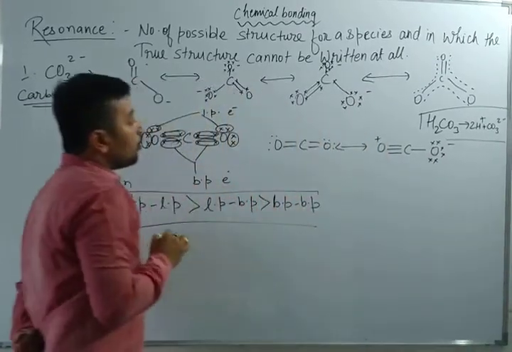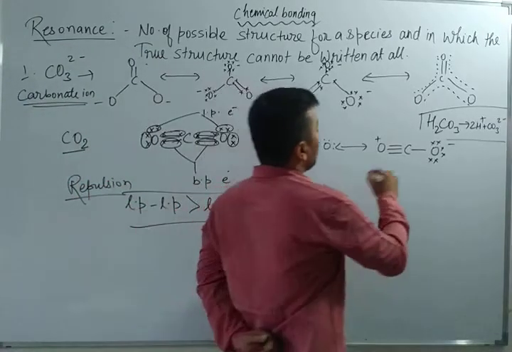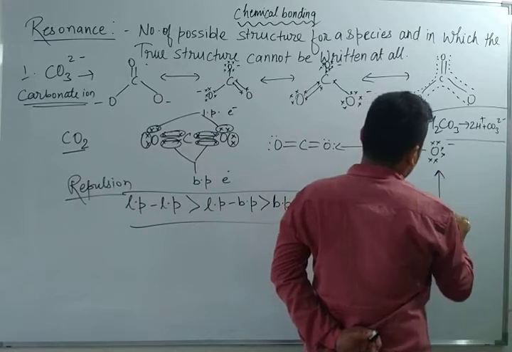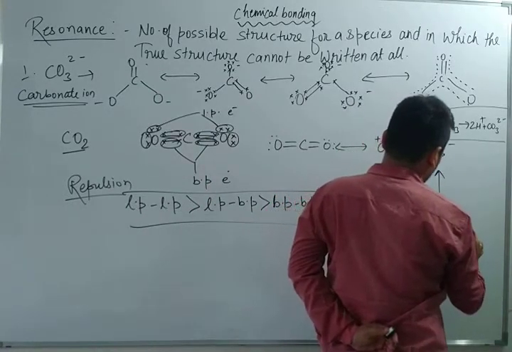Now what happened? What you have seen in the first compound, because of the lone pair repulsion, is the second structure. Now what will happen in the third structure? In the third structure, again this positive charge will shift here.